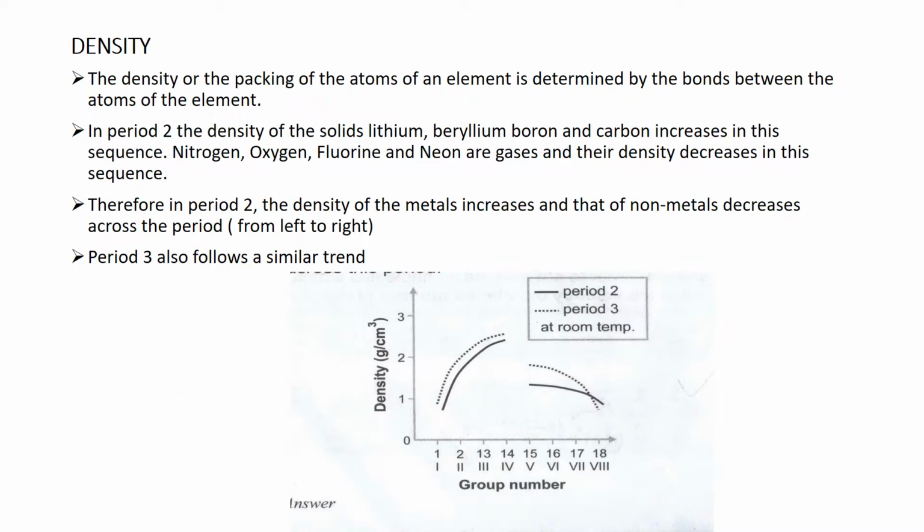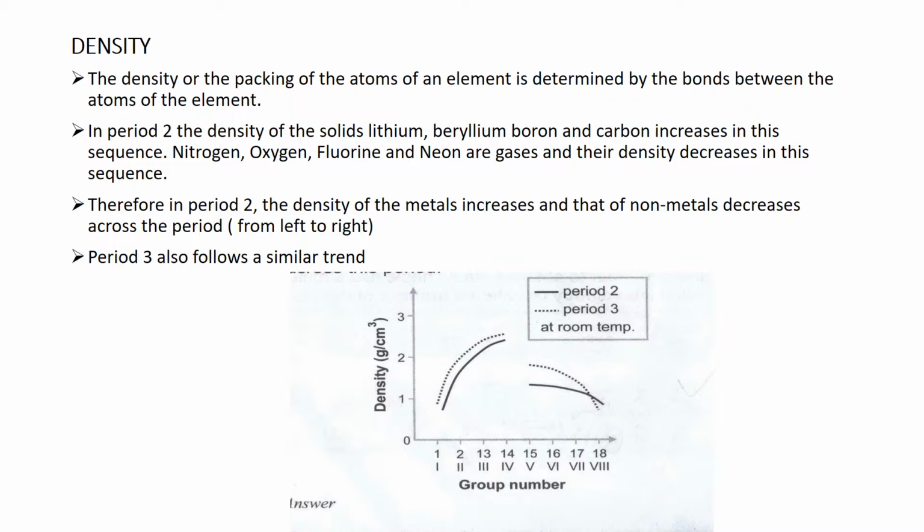Let us now look at density. Remember, I said that density is equal to mass divided by volume. So the density, or the packing of the atoms of an element, is determined by the bonds between the atoms of the element. So the packing of the atoms, whether the atoms of the element make up a solid or a gas, affects density.